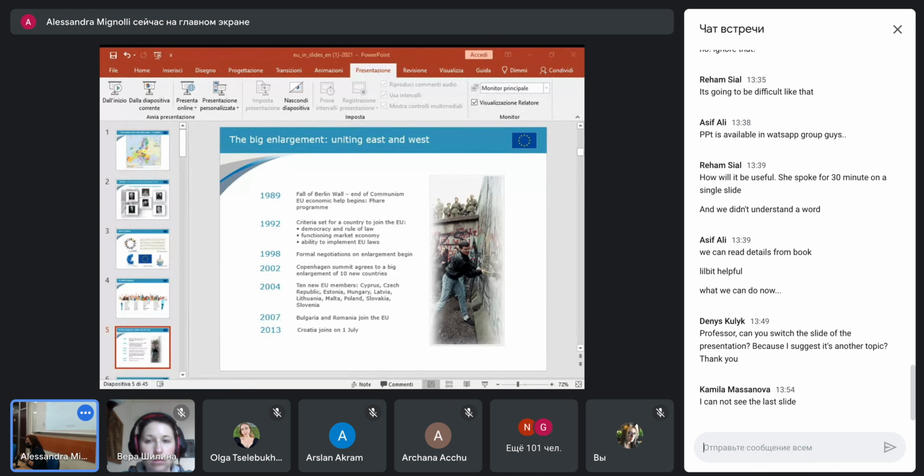And now the region of Thessaloniki, Macedonia, this one is the northern part. Okay, if you look at the map.